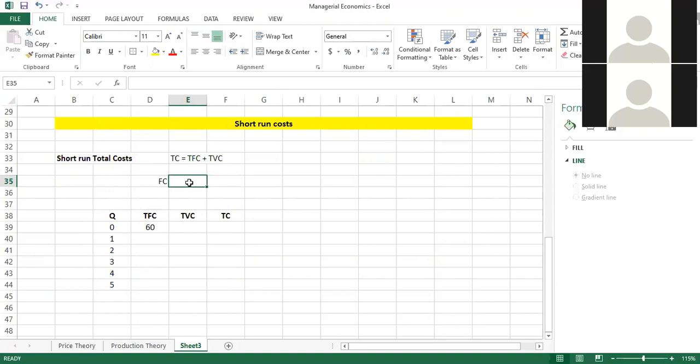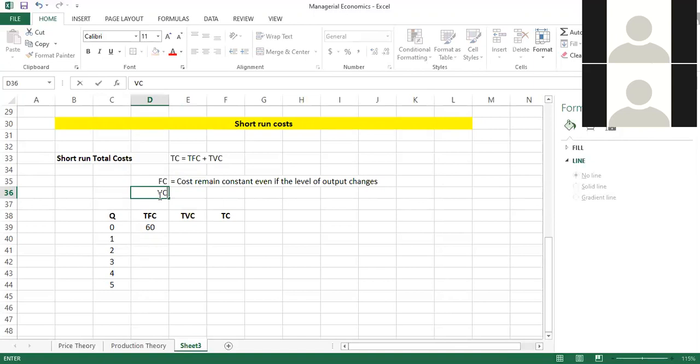Therefore, since it is incurred for the fixed inputs, this will not change when the output changes. So fixed cost means the cost remains constant, unchanged, even if the level of output changes. The cost remains unchanged whatever the level of output.